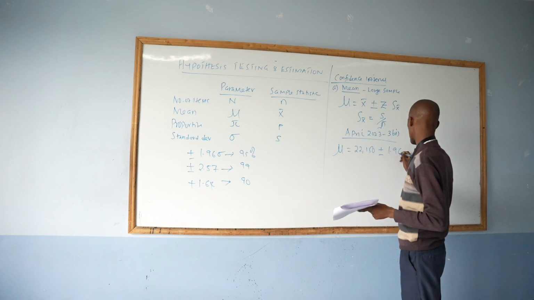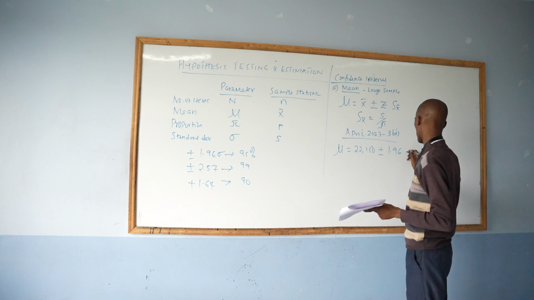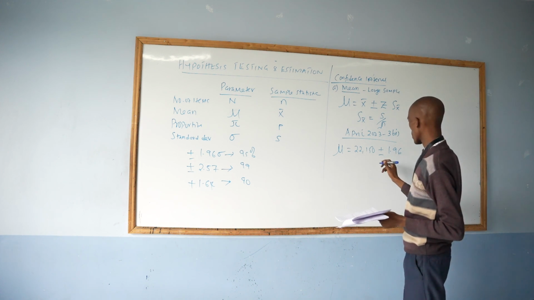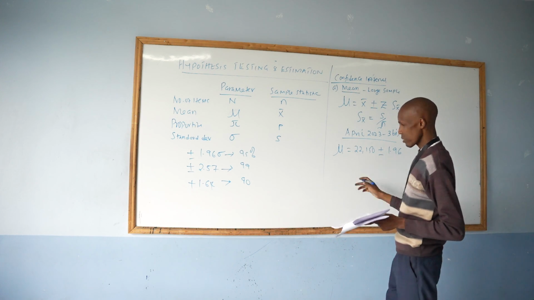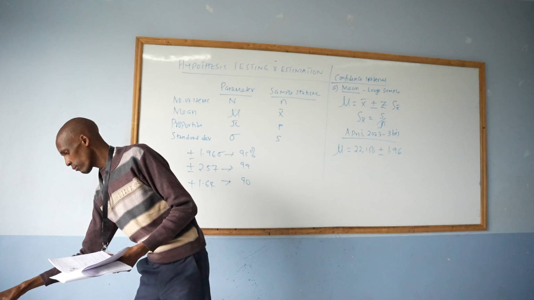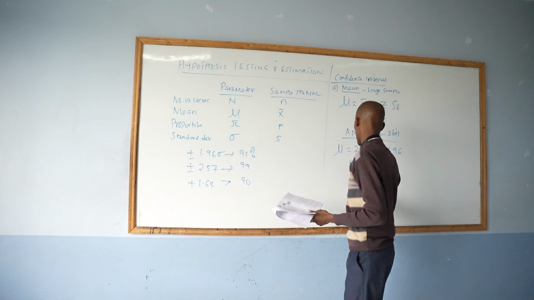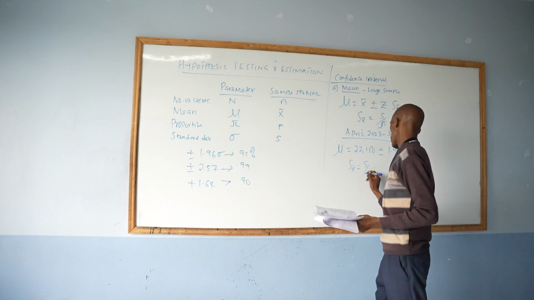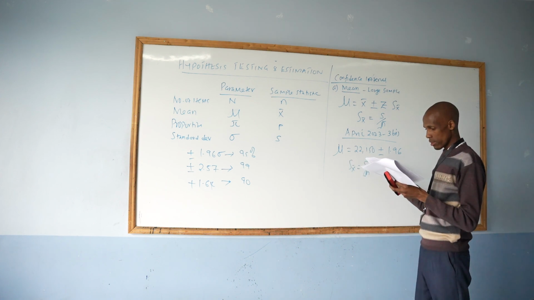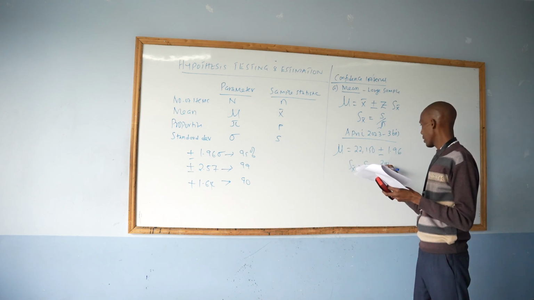So 1.96 times the standard error. We need to get the standard error. Maybe we can just first get the standard error to help you understand. Standard error we have said is s over square root of n, where sample size in this case is 200.